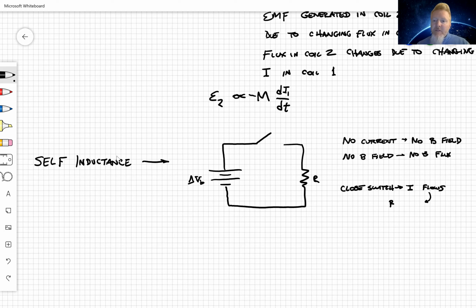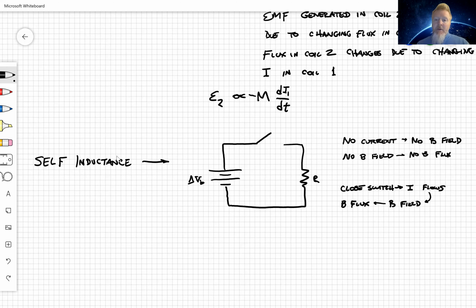That creates a B field, which means that I now have some flux through the area of the circuit. Okay, I now have a B field fluxing through the area of the circuit. It was 0, and now it's something.